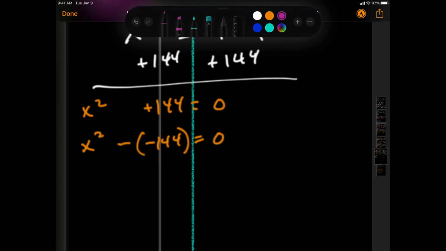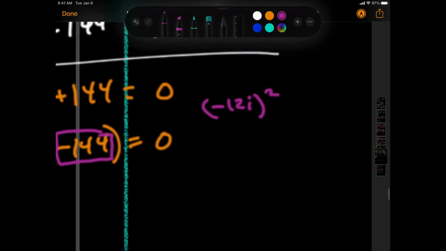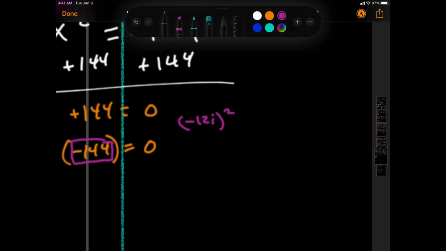We can call in the pirates. Let's call in the pirates. So you can do negative 12i squared. Okay, what does that equal? That equals, so negative times a negative is a positive. 12 times 12 is 144.